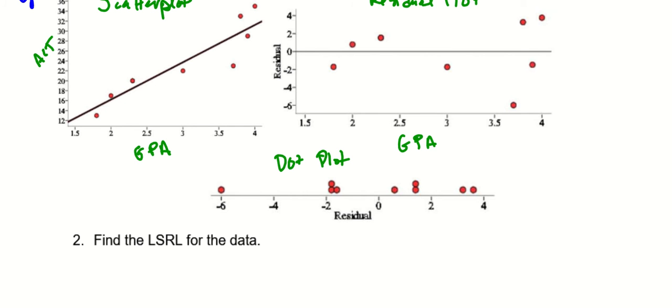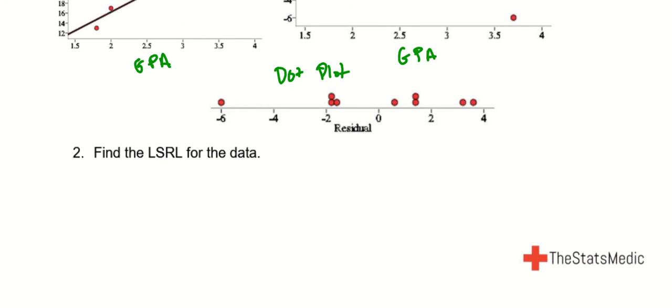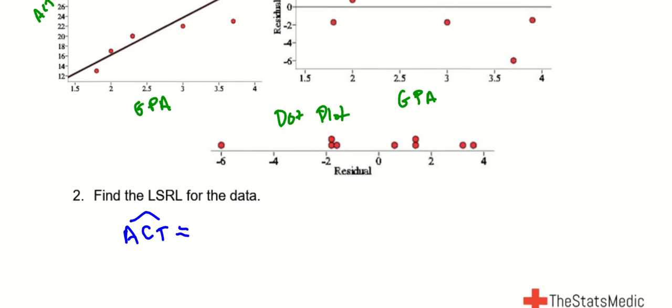So our first job is to find the LSRL. Go ahead and pause the video. You've done this before, and find the LSRL for X and for Y, as you've got them in your calculator. Okay. So let's write that, and I'm actually going to use words or letters, I guess, in this case. So we have y hat, but our y is our ACT, so I'm going to write that as ACT hat is equal to our A, which is our y-intercept, right?